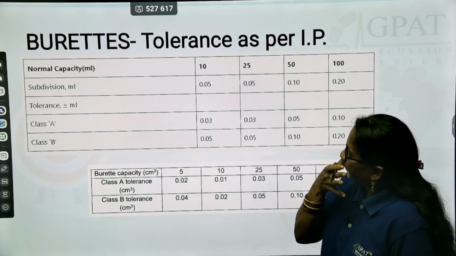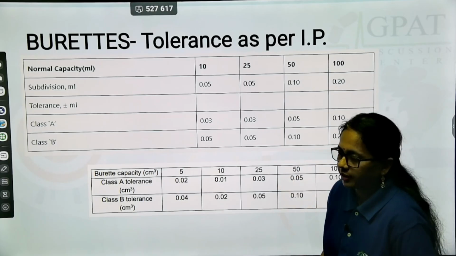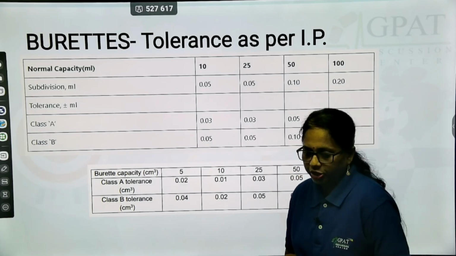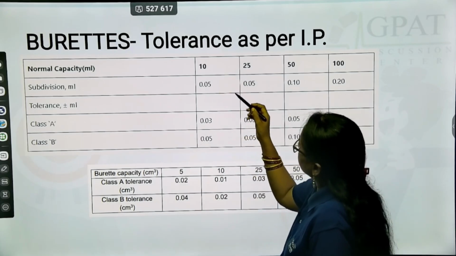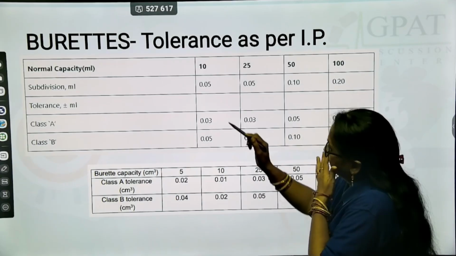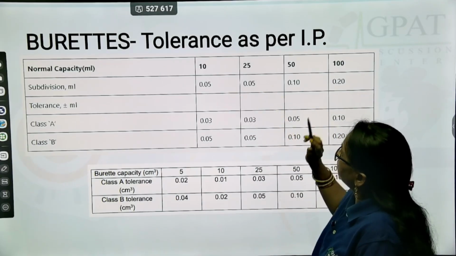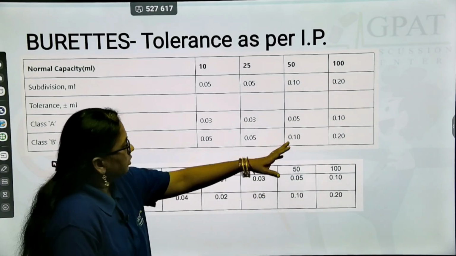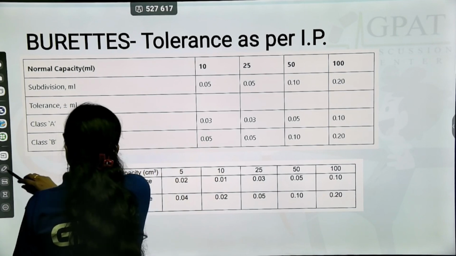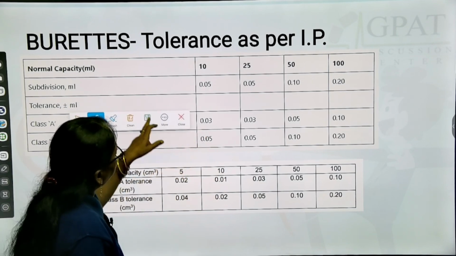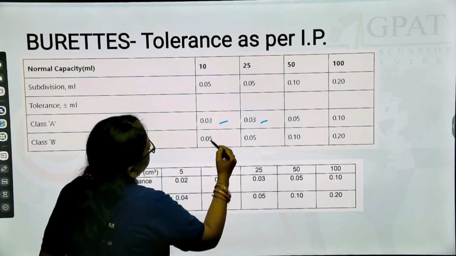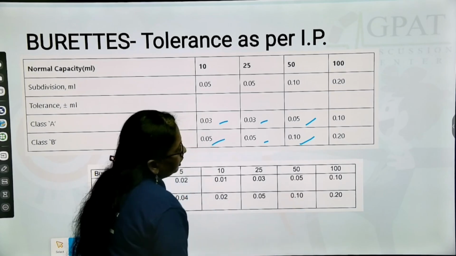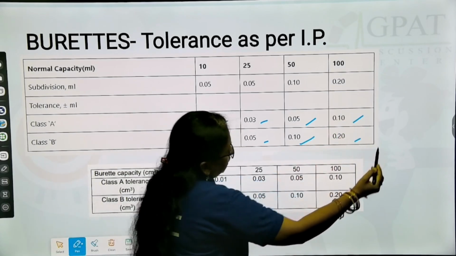Whenever you use burettes for volumetric titrations, these are the tolerance limits according to the Indian Pharmacopoeia, with subdivisions of generally 0.05 for the low capacity, that is 10 and 25, and for 50 and 100 the subdivisions will be either 0.1 or 0.2. For a 10 ml burette, class A is 0.03 and class B 0.05, the same for 25 ml. For 50 ml it is 0.05 and almost double, 0.1, and for 100 ml 0.1 and double for class B, 0.2.